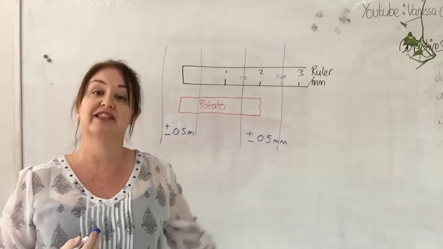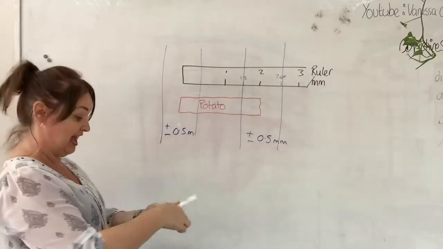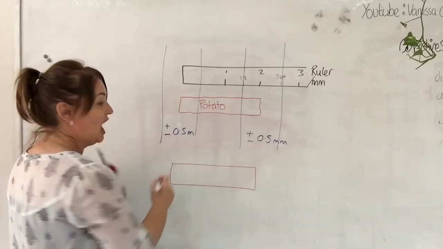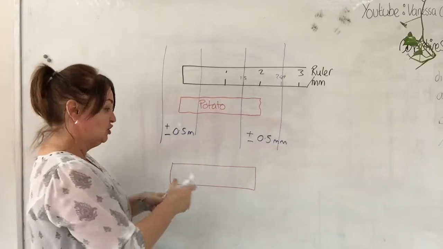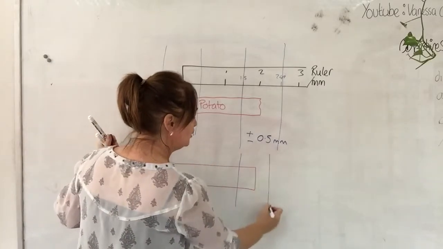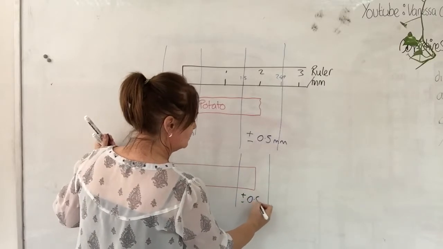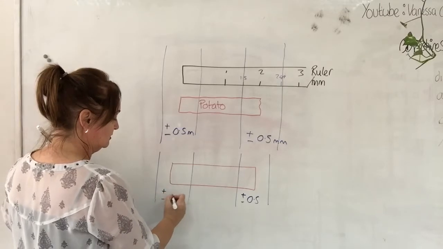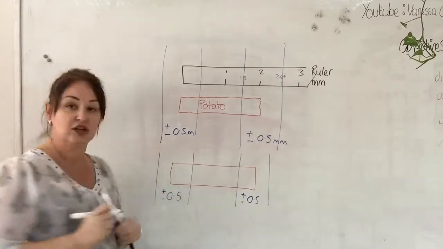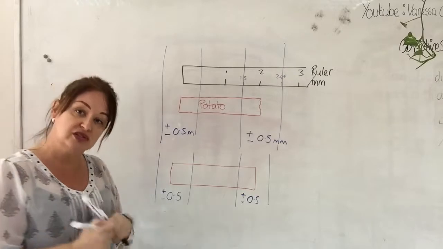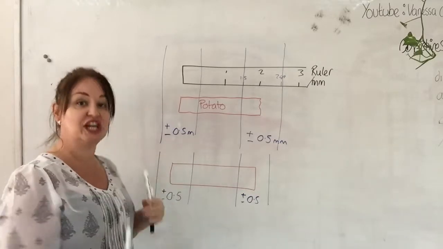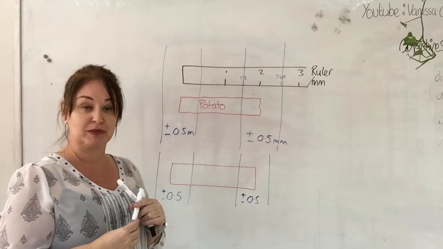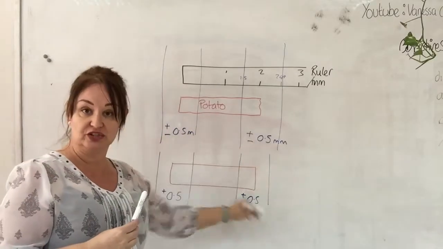But then we calculate the change in the length of the potato, and we do the whole thing again. So we end up with another uncertainty there and another uncertainty there. So in total, my uncertainty for the change in length of that potato is 2 millimetres because I need to add all of these uncertainties together.